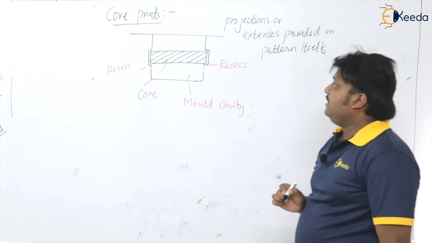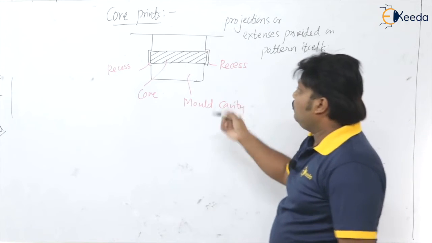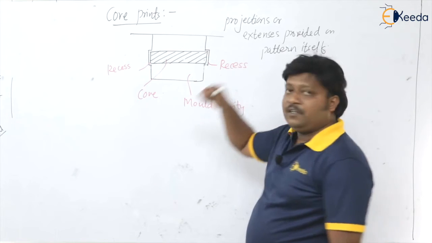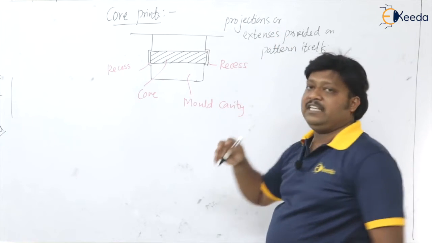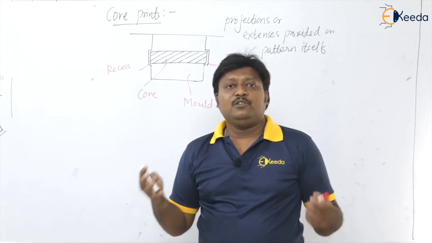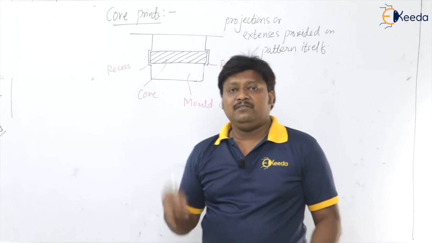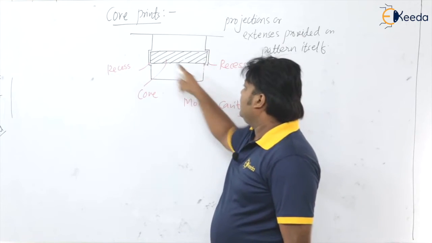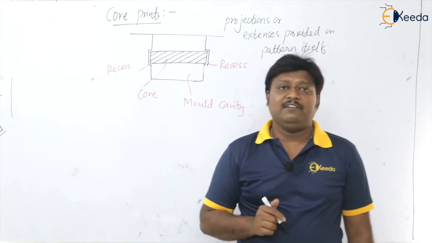These are the core prints. How are the core prints obtained? Because the projections or extensions are made during the pattern making itself. That's why their impression is obtained in the mold cavity.